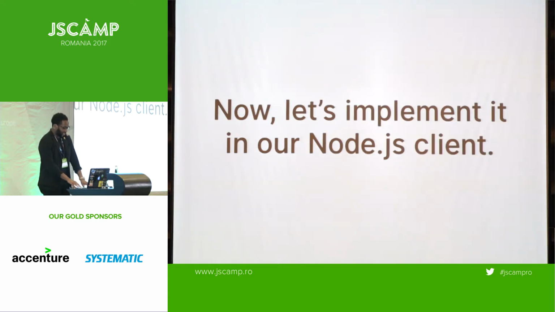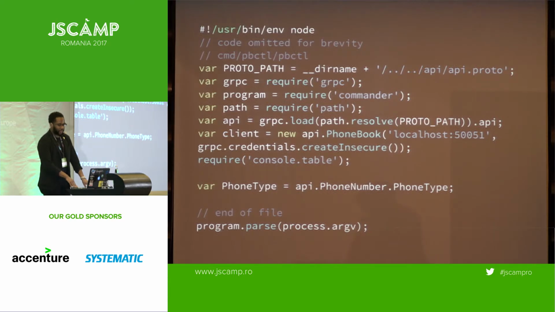Now let's implement it in our Node.js client. To get started, there are 2 ways. JavaScript is an interesting language, as we've seen by talks today. You can have 2 ways of working with protobuf files.